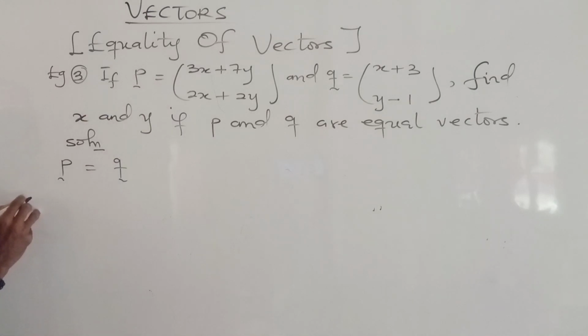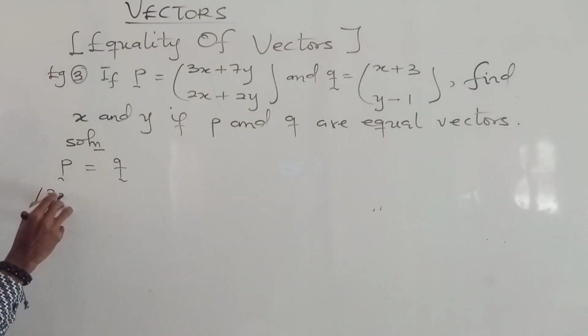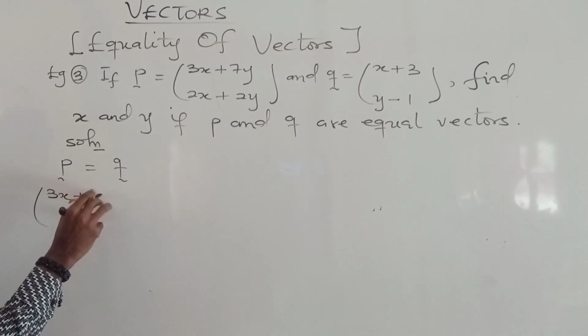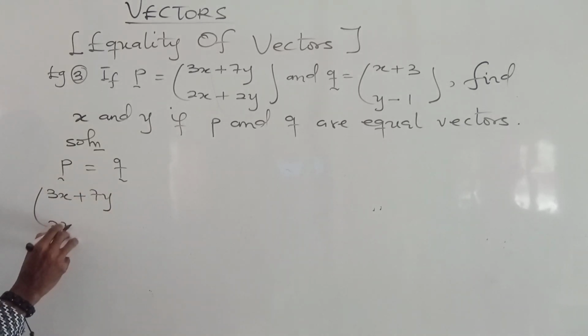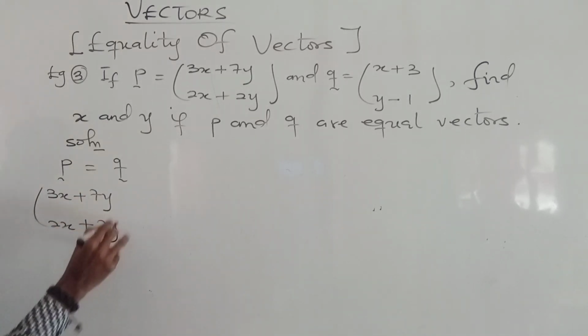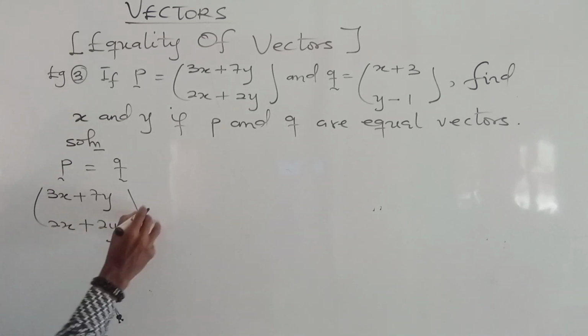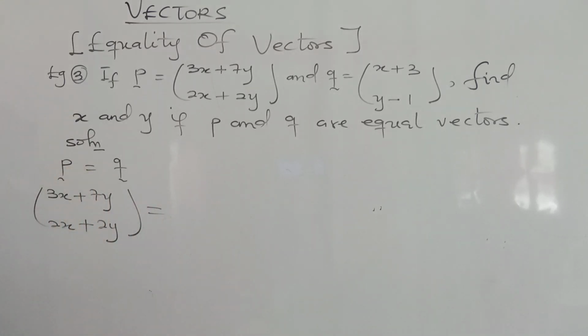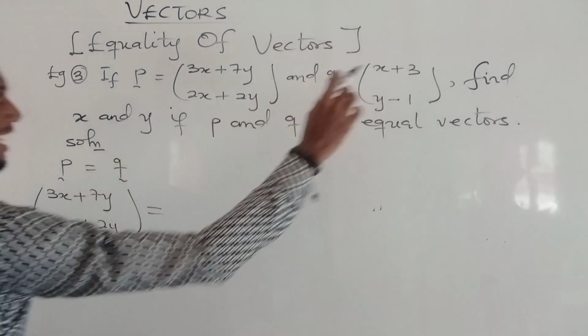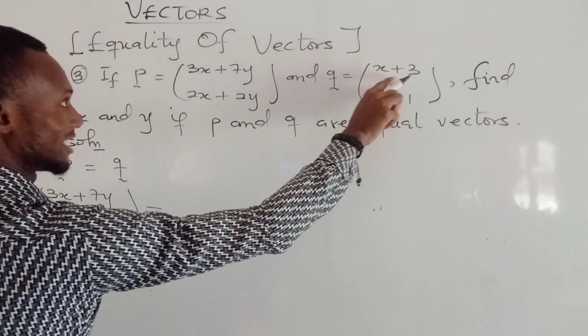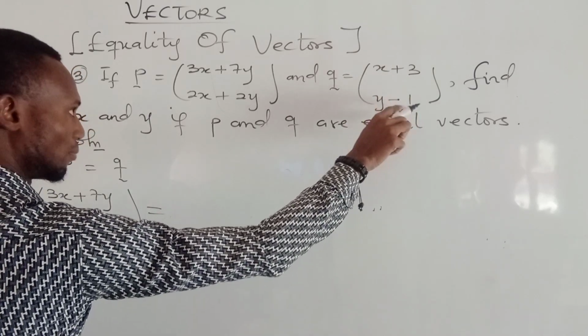So my p is given to be 3s plus 7y, 2s plus 2y, equal to, you bring your equal sign. I hope you are following and you understand up to this point. And I have my vector q given to be s plus 3, y minus 1.